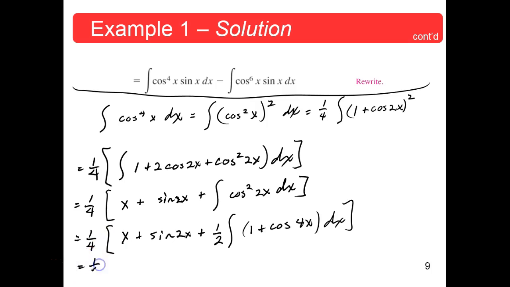So don't forget, your 1/4 is out here in front of all that.